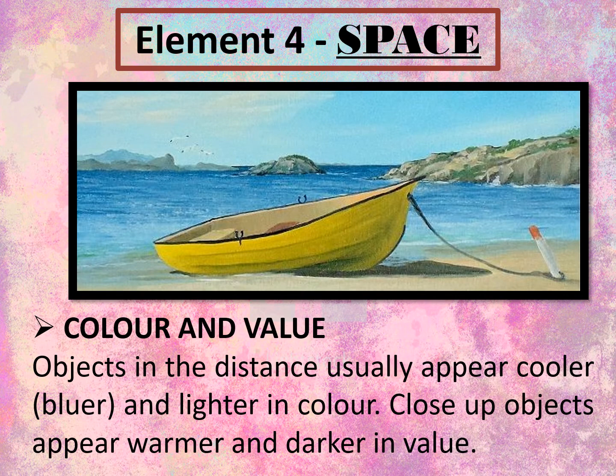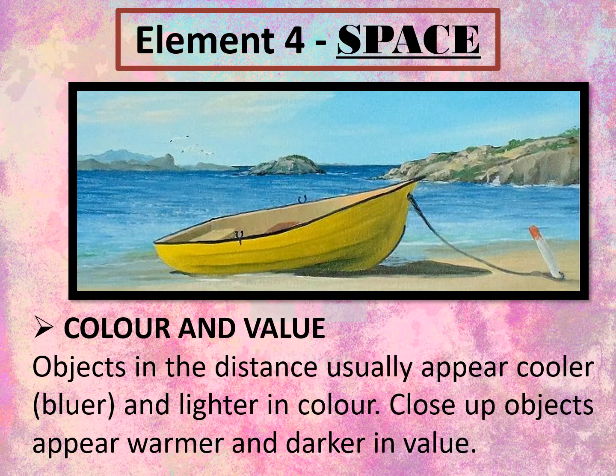And also the technique in space is what we call the color and the value. So the color and value to objects in the distance usually appear cooler, or yun yung mga color na hindi sakit sa mata, yung mga light color.